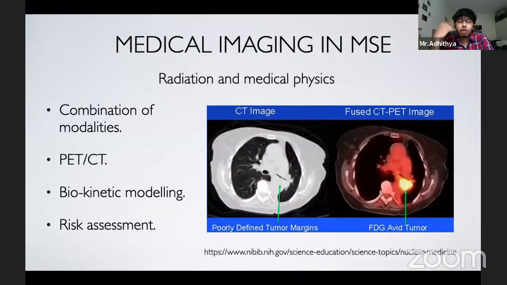And one more thing related to radiation physics is risk assessment and biokinetics. When I told you that we administer biomarkers, we need to know how the biomarkers would travel, to which organs they travel, and at what time they exit.